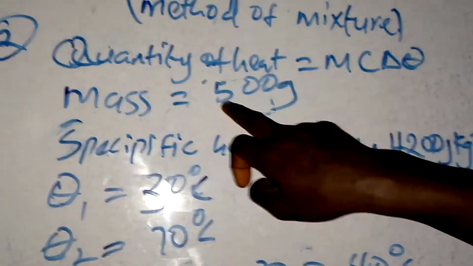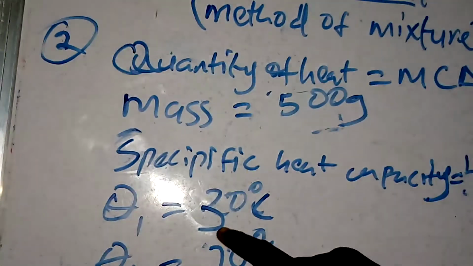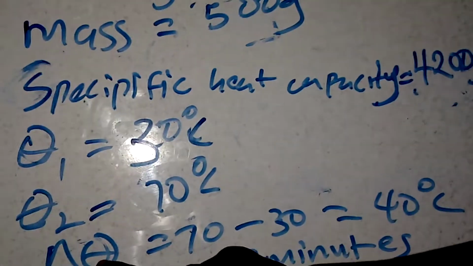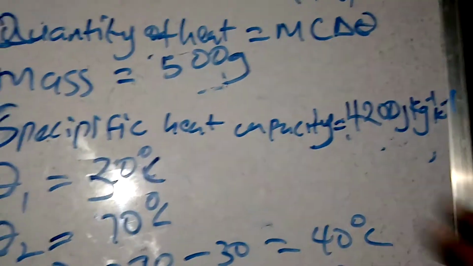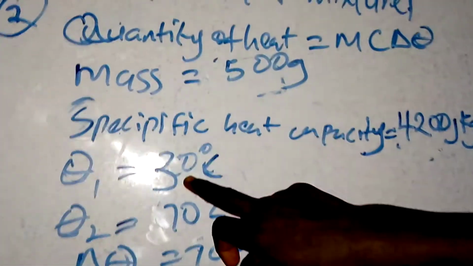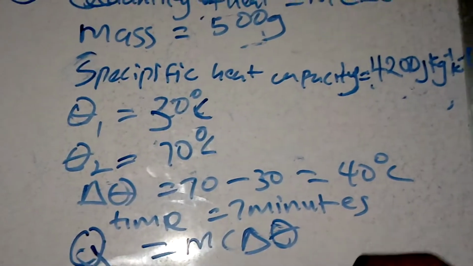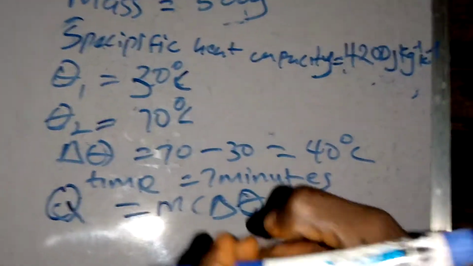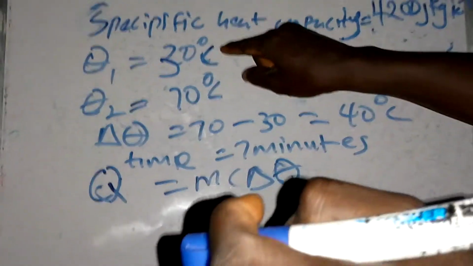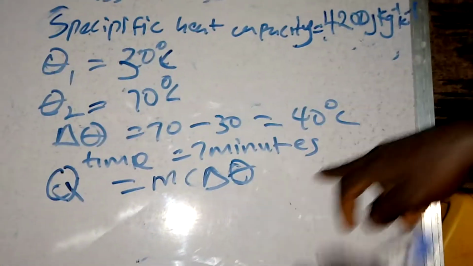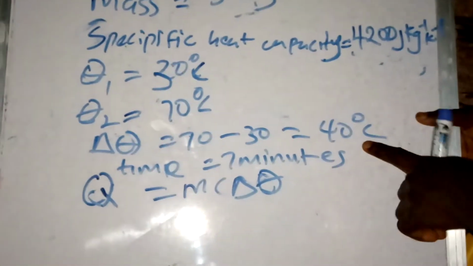The mass is given in gram, and then we have the initial and final temperatures, which give the change in temperature. The temperature rises from 30 degrees Celsius to 70 degrees Celsius, so the change in temperature is 40 degrees Celsius.